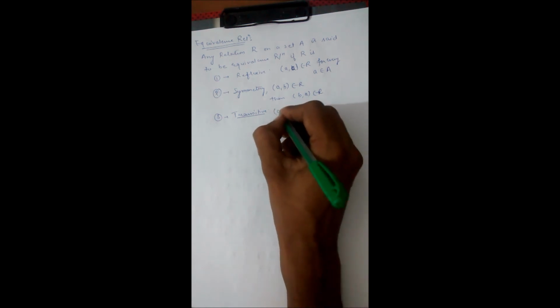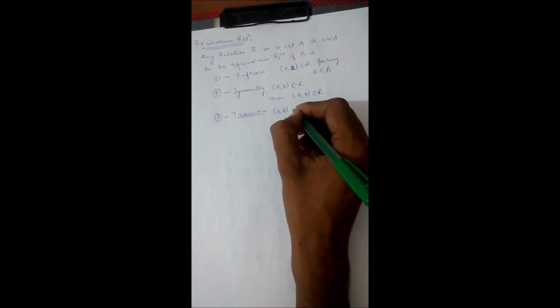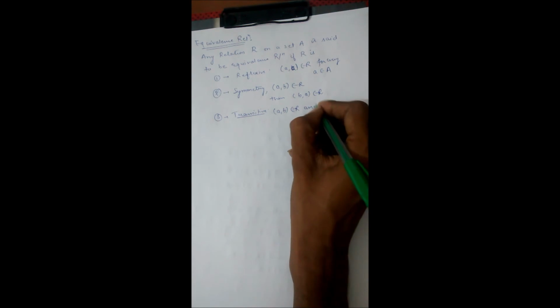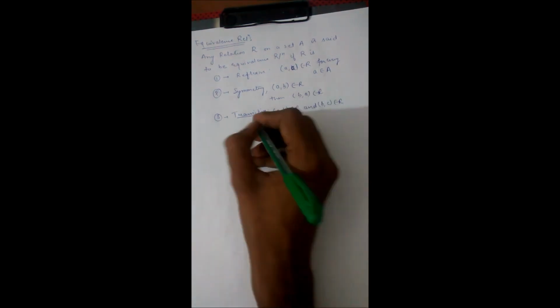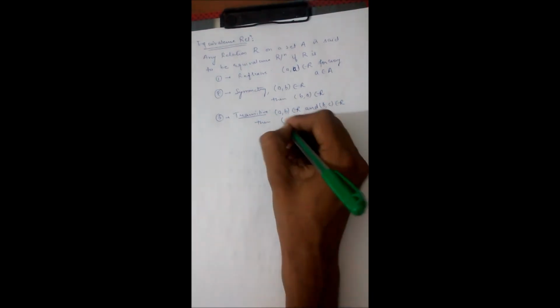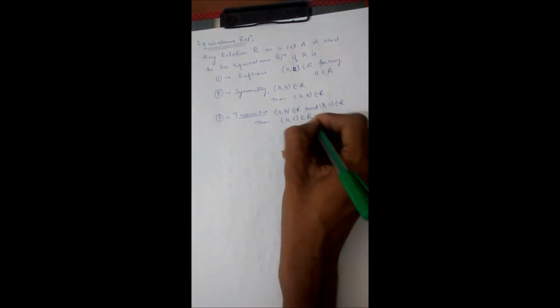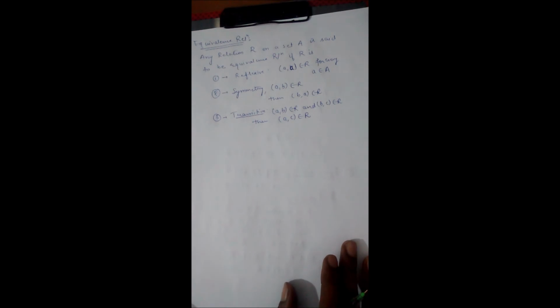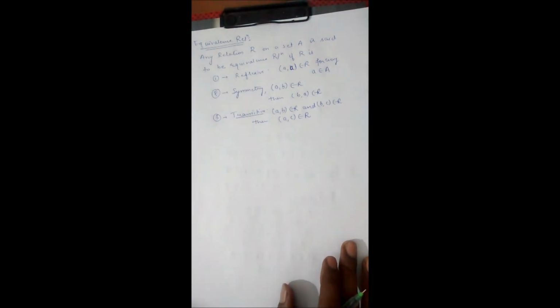Transitive was if A comma B belongs to R and B comma C belongs to R, then A comma C should also belong to R. In this case we say that it is transitive. Now we'll take one example.